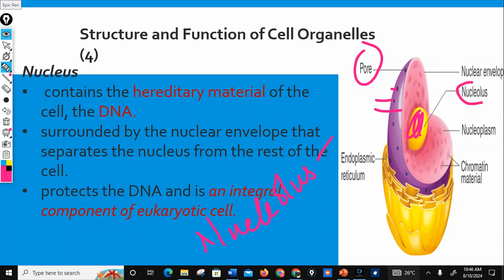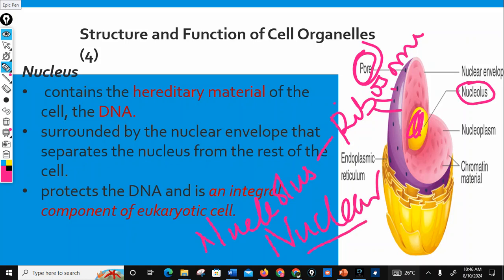I talked about the fact that the nucleus is the site for the production of ribosomes. These ribosomes then exit the nucleus via the pores. We call them nuclear pores. Whenever you hear the word nuclear, it refers to the nucleus or the center of something.